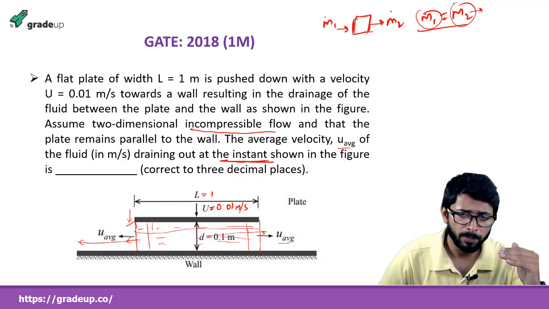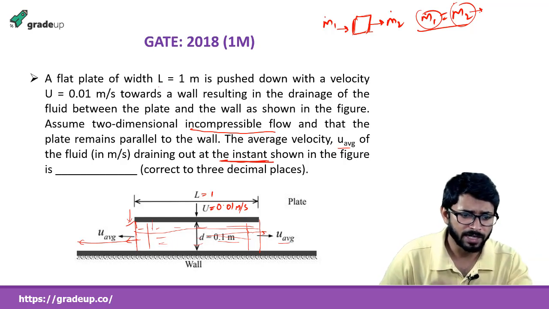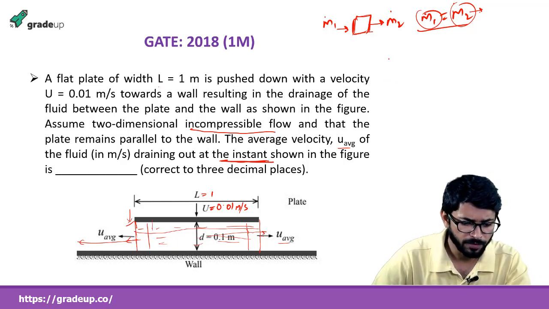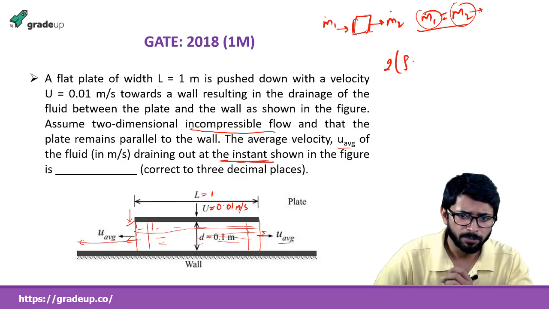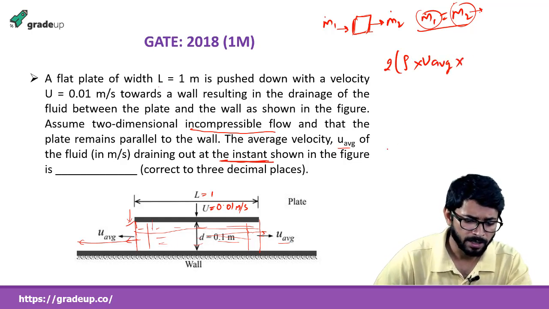The mass that the upper plate pushes downward will come out from both directions. So here we can write the amount of fluid coming out from the drainage part as twice the mass. We can write mass as density times u average times the area.